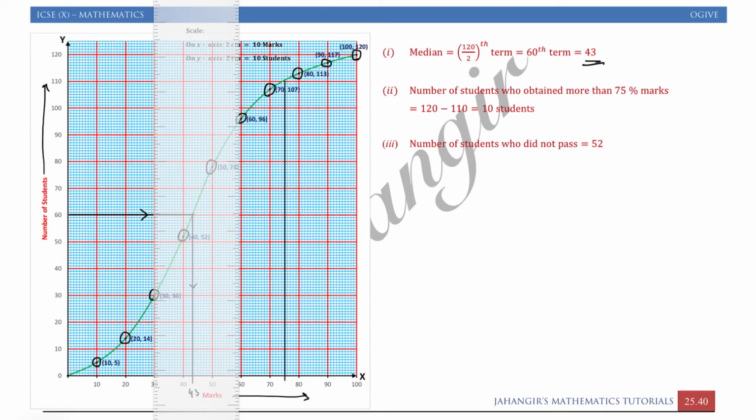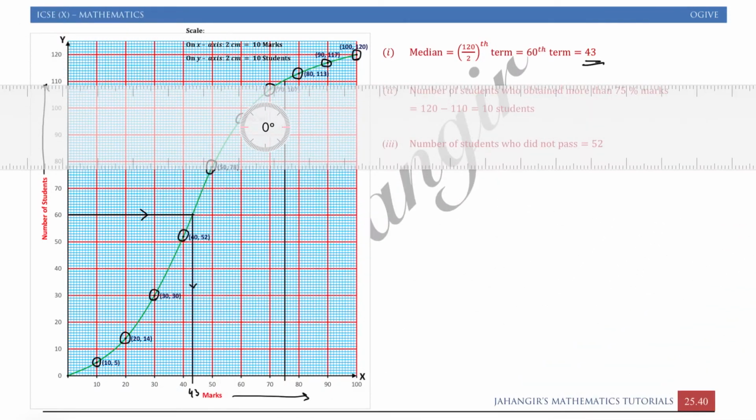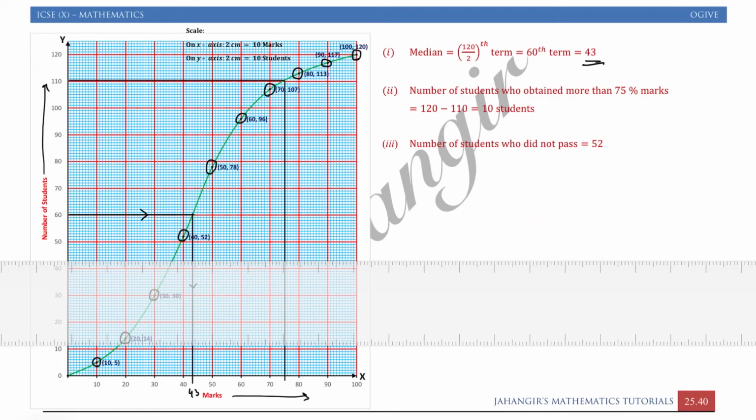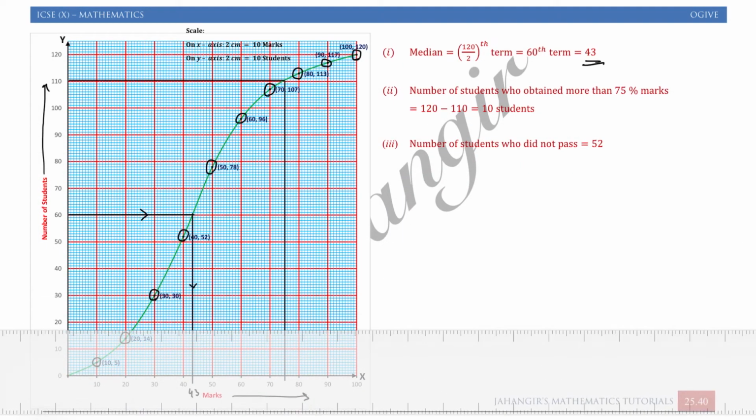Just check it out. It can be 110 or 111, depends. But it can be 111 also, because some student may get 111, so you will get 9 students who score more than 75% marks, but I am here getting a 110 reading, so I will get 120 minus 110, that is 10 students.